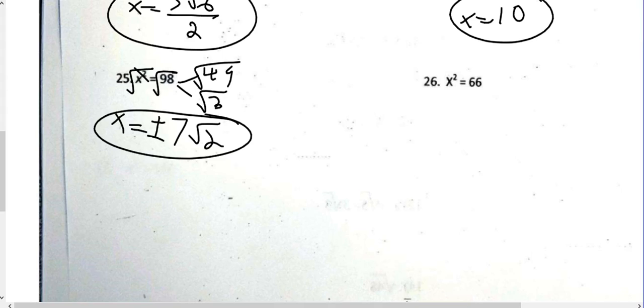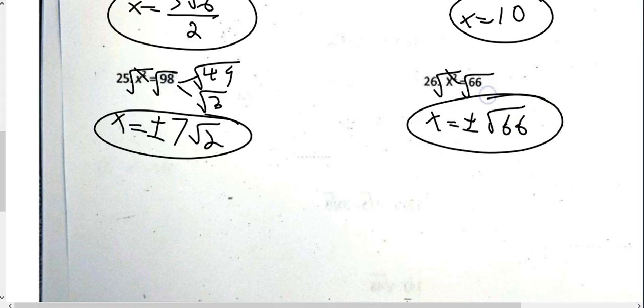And last but not least, very easy, and you'll see why. X equals plus or minus. Let's look at our chart. 66. 49 does not go in. 36 is a decimal. 25, 16, 9, and 4. No perfect square goes into 66. We are finished. And that's it.